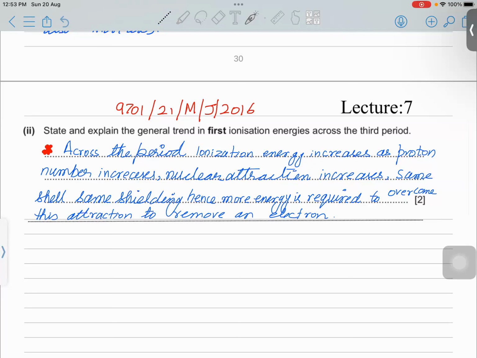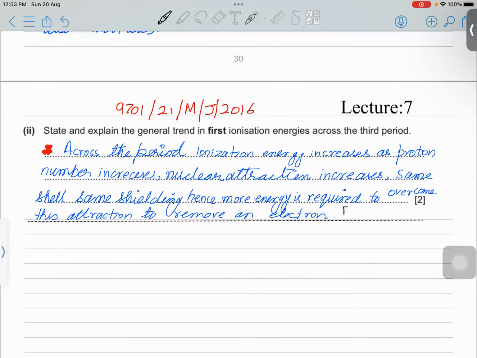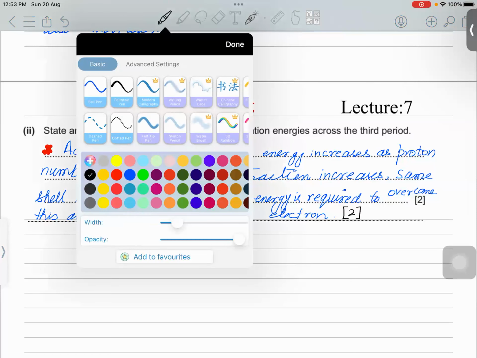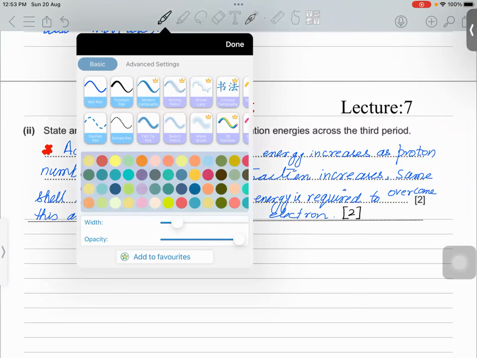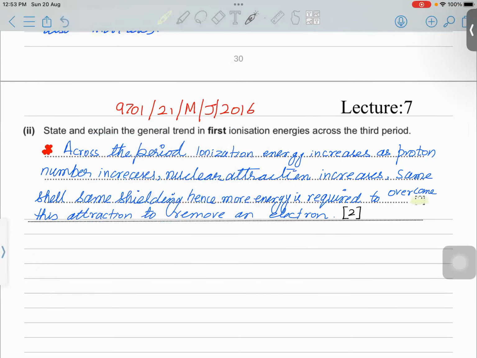This is the fourth point for 2 marks. So these are the factors on which ionization energy depends.